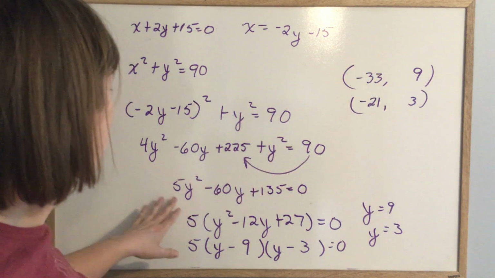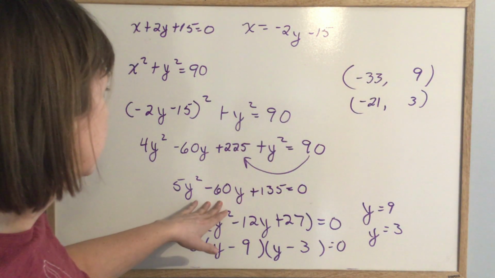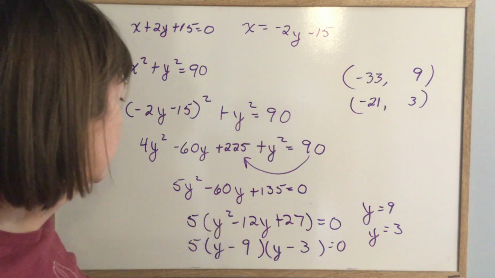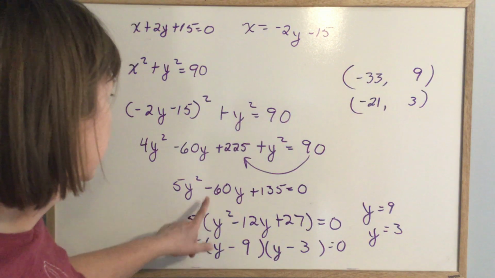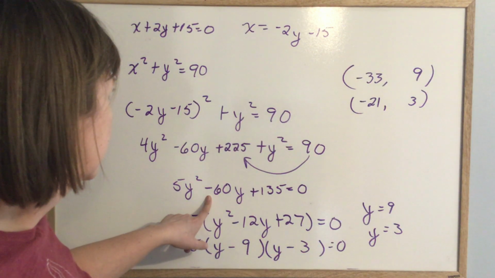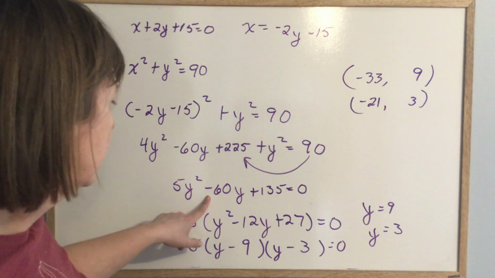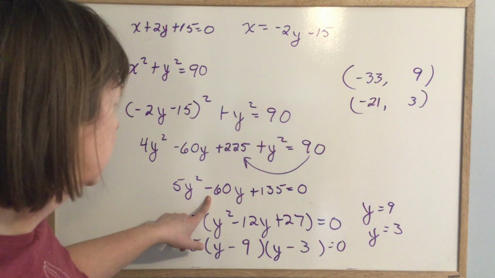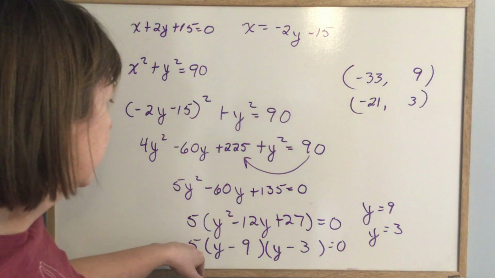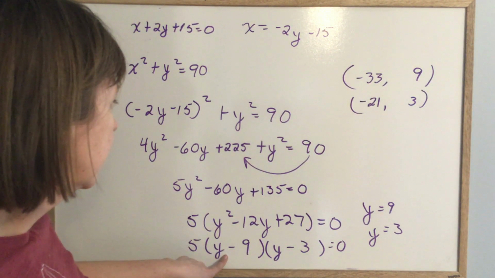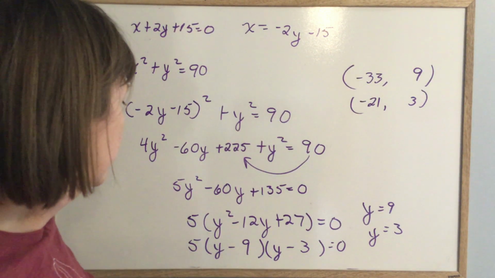So if I add those, that's 5y squared minus 60y. So that's plus 27. So somehow I have negative 60y here. And so I have y minus 9 and y minus 3.